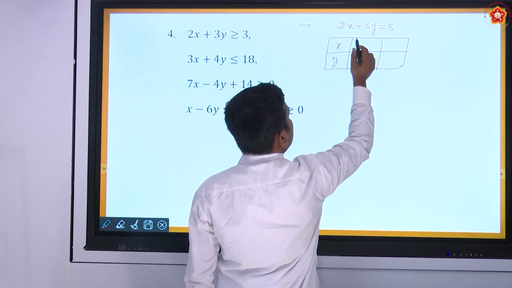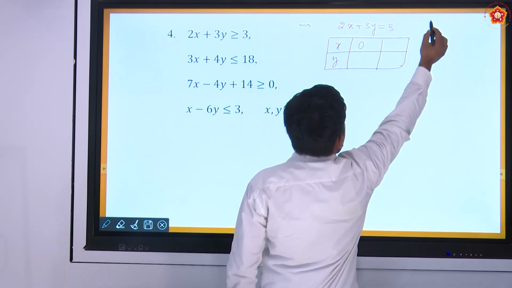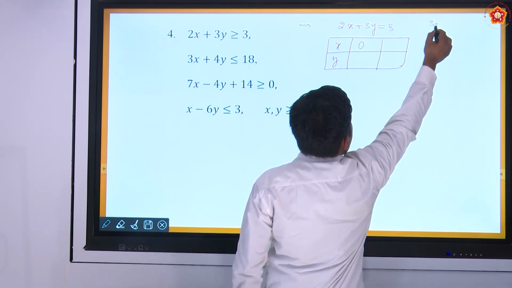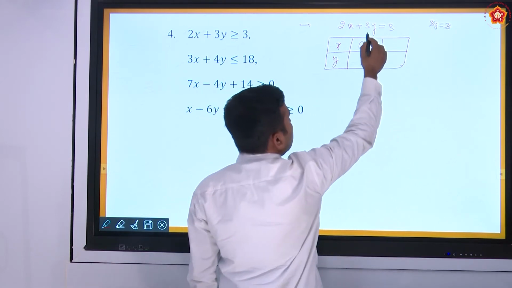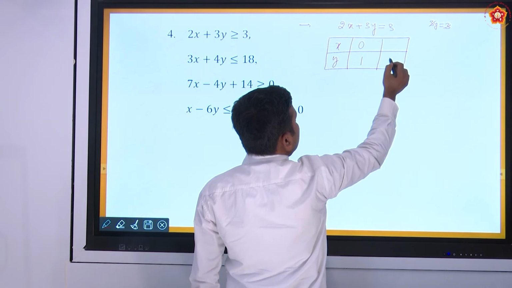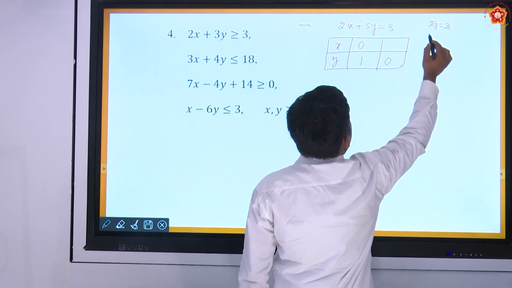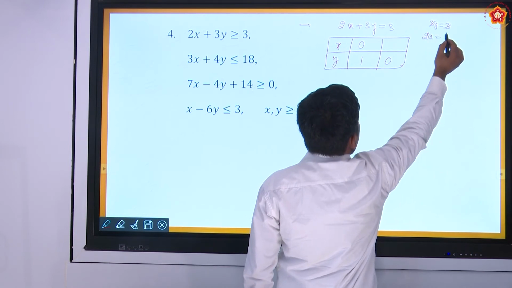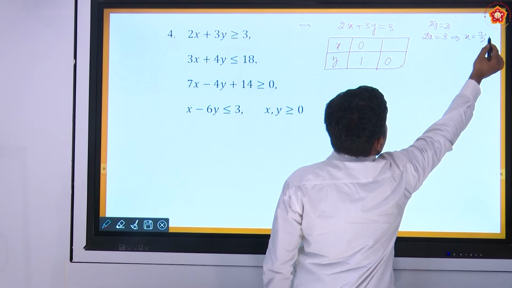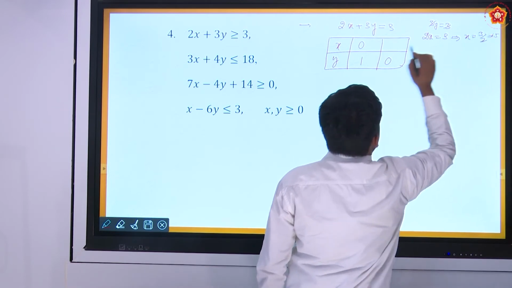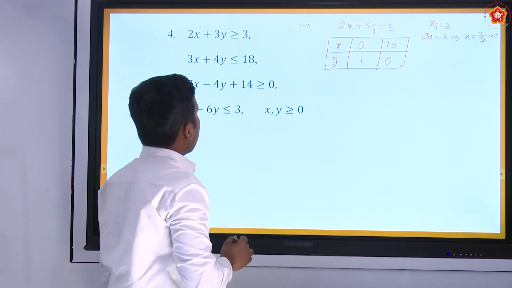If x is 0 here, what will be y? So 3y is equal to 3, so it will be 1. Similarly, put y is equal to 0, what will be x? That is 2x is equal to 3. This implies x is equal to 3 by 2, which is equal to 1.5. So x is 1.5.